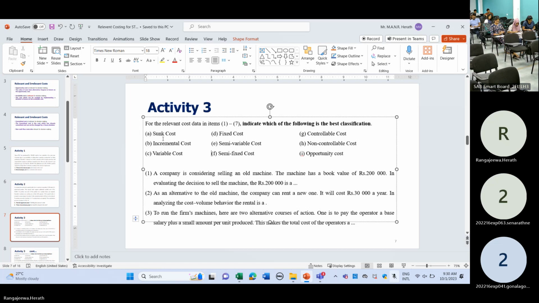Semi-variable cost has a fixed component as well as a variable component.